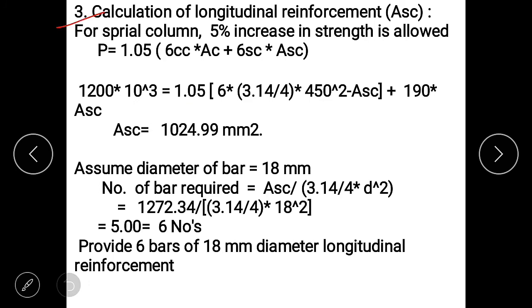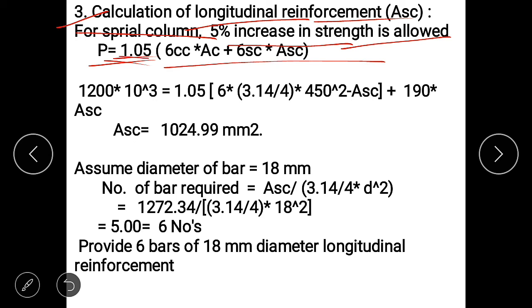Third step, we have to find P, the calculation of longitudinal reinforcement Asc for a spiral column. A 5% increase in strength is allowed, because the column is circular and we have provided a spiral column. So for that, this P load we multiply by 1.05. So P is equal to 1.05 into sigma cc into Ac plus sigma sc into Asc. P is given as 1200 into 10 to the power 3 equals 1.05 in bracket, sigma cc value is 6 because M25 grade of concrete is given.